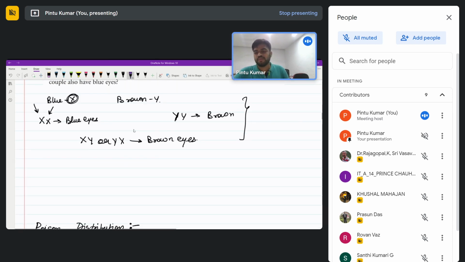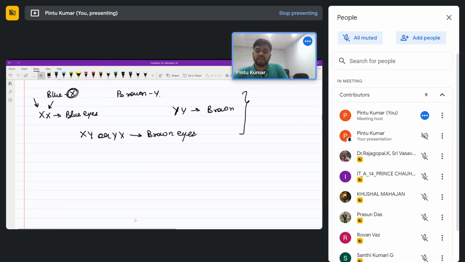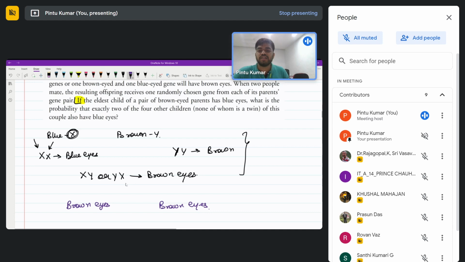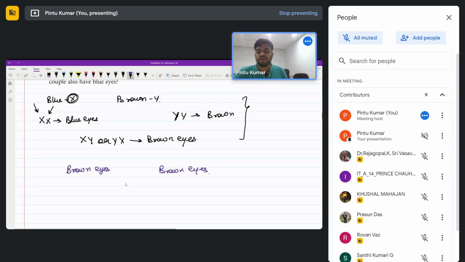So you have two parents, and both the parents have brown eyes. And the eldest child has blue eyes.